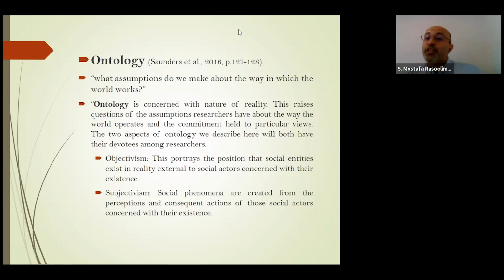Another mainstream answer to this question about the understanding of reality is that for social phenomena, it's possible to have a common understanding, and also we can measure it based on this common understanding.